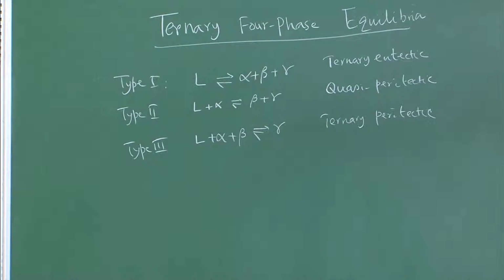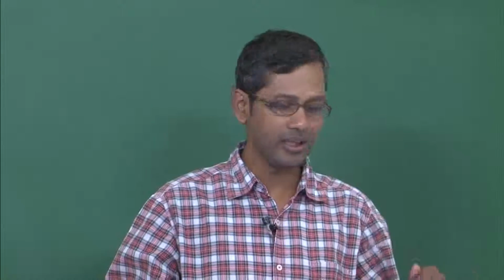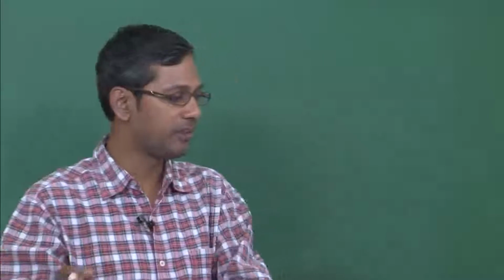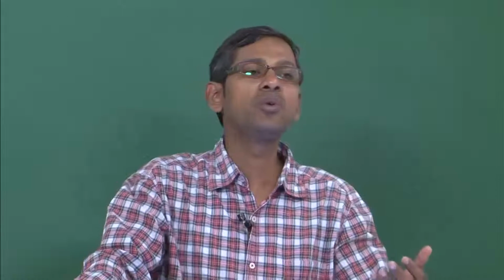As you know, this reaction, liquid plus alpha going to beta plus gamma, is a mixture of eutectic and peritectic reactions, correct. How is it a mixture? If you look at the first part, liquid plus alpha going to any phase, whether beta, gamma or delta, is a peritectic reaction.